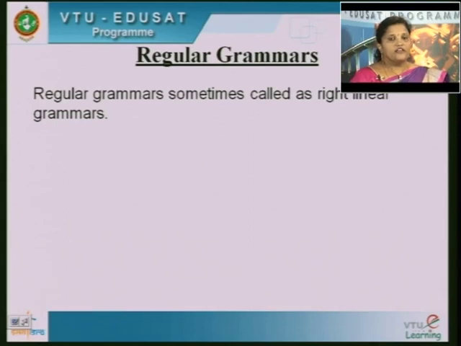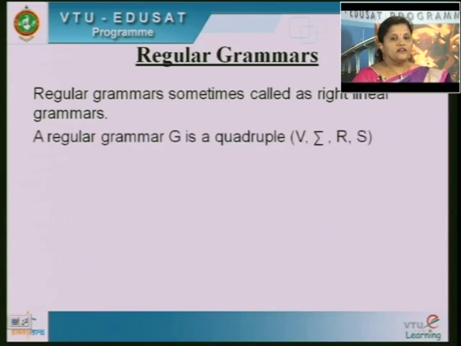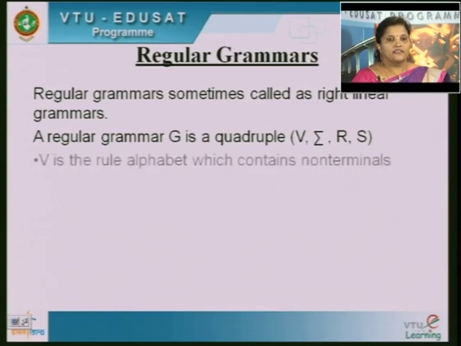Regular grammars are also called right linear grammars. A regular grammar is a quadruple, defined with 4 tuples, that is V, sigma, R and S. So what is V? Here V is the rule alphabet which contains non-terminals and terminals.